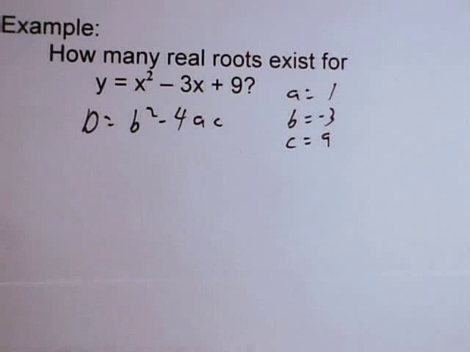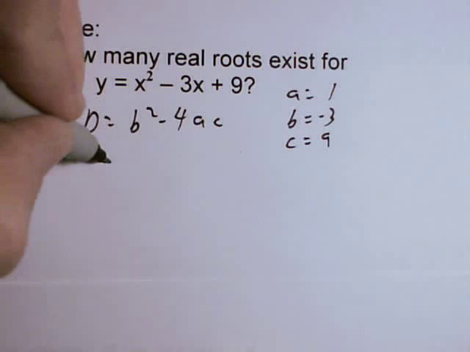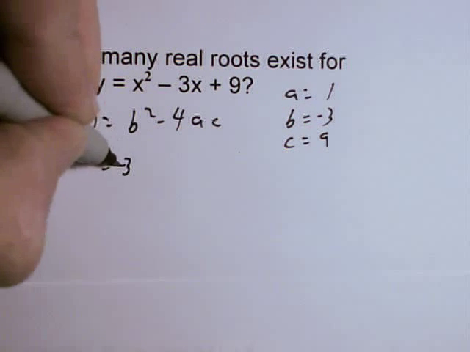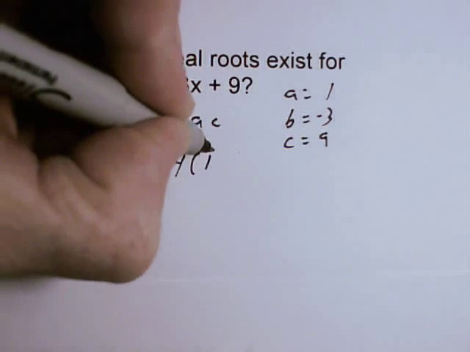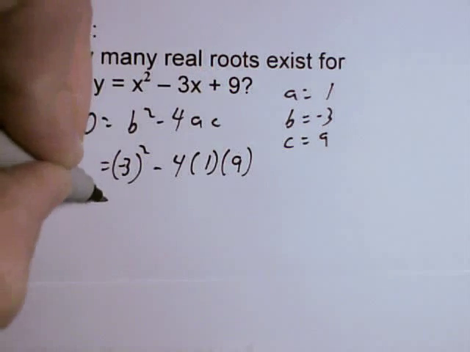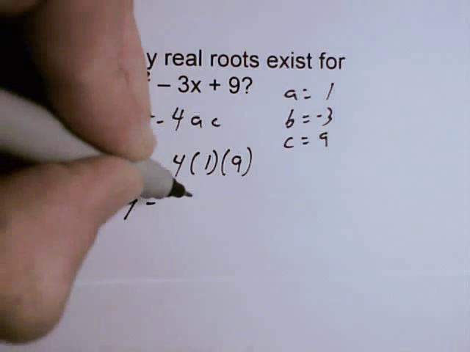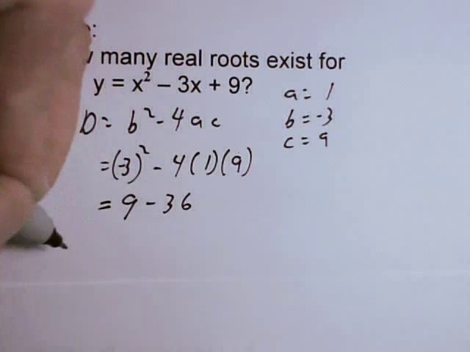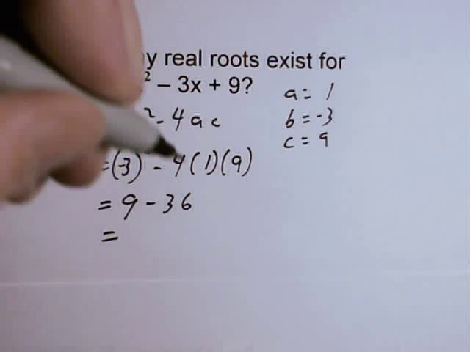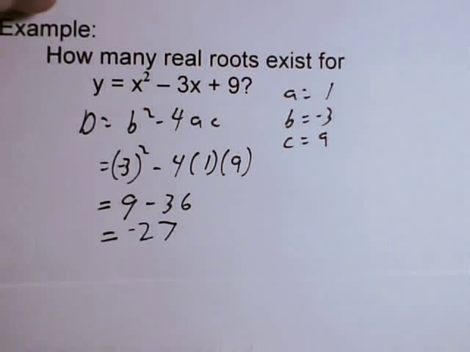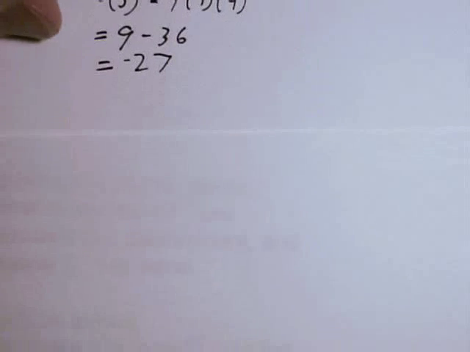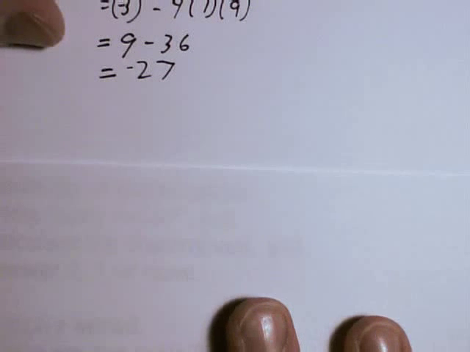I'm just going to plug those numbers into b squared minus 4ac. Here I've got a negative number. Since I've got a negative discriminant, I have 0 real roots.